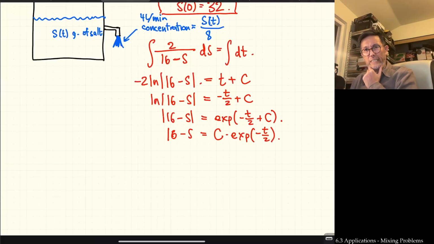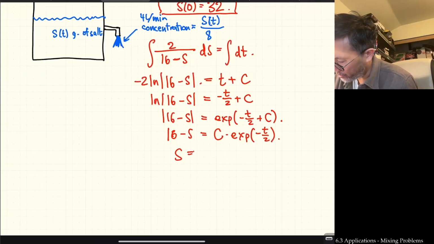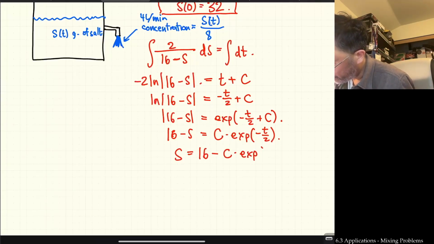And I'm supposed to now subtract 16 and then flip sign. So I get that s is equal to 16 minus c times exp of -t over 2.